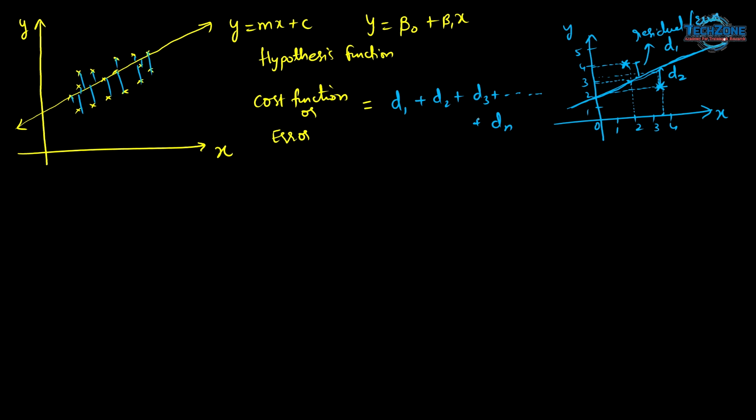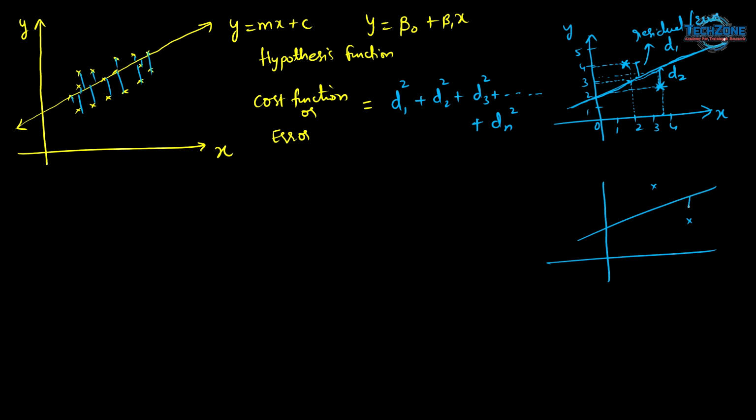We add all this, but we don't just add this, we first square these distances. Let me explain. Let us take these 2 points. A few points will be above the line, a few points will be below the line, isn't it?